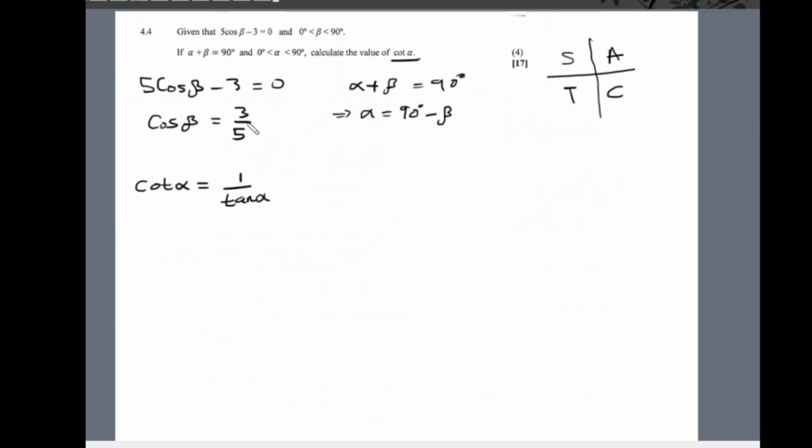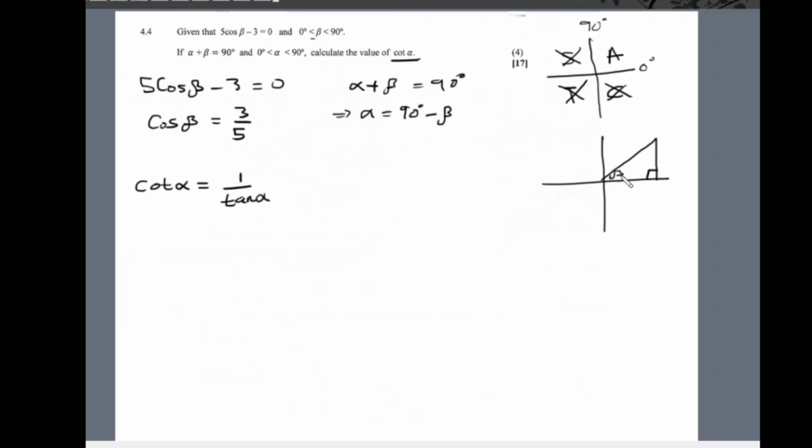This is a positive number, so we are not in the second or third quadrant. Again, they say beta is between 0 and 90. So this is the first quadrant, where the angles are between 0 and 90. So we are not in the fourth quadrant.